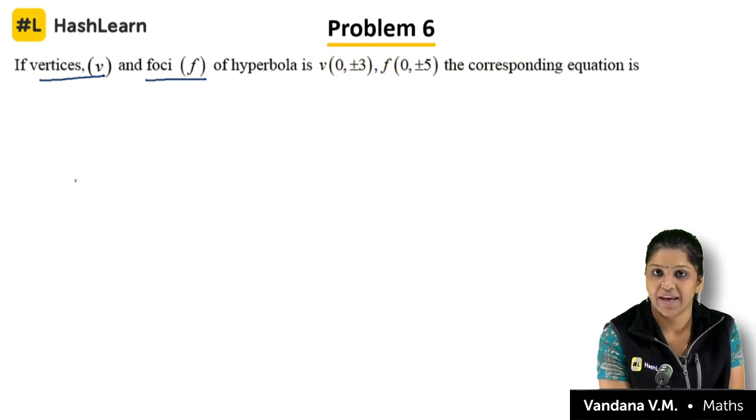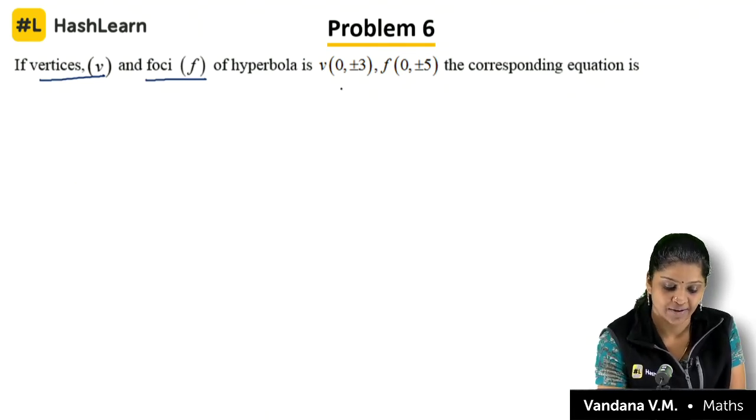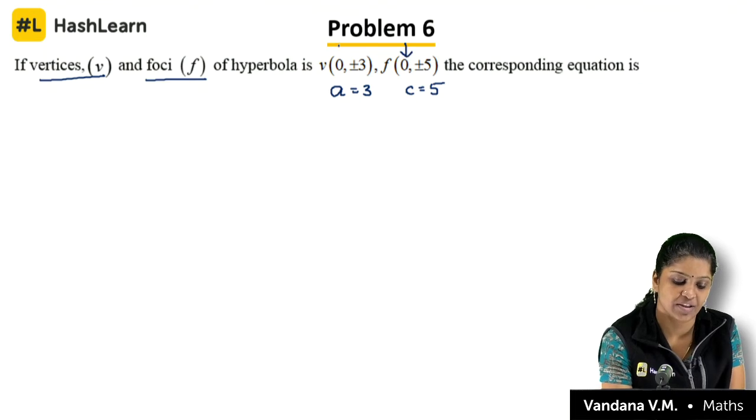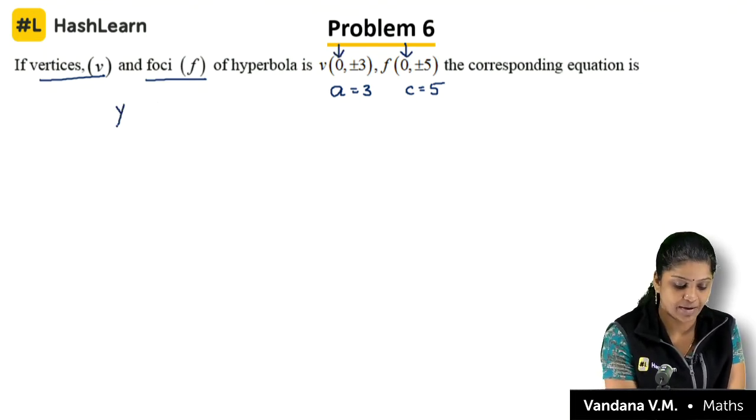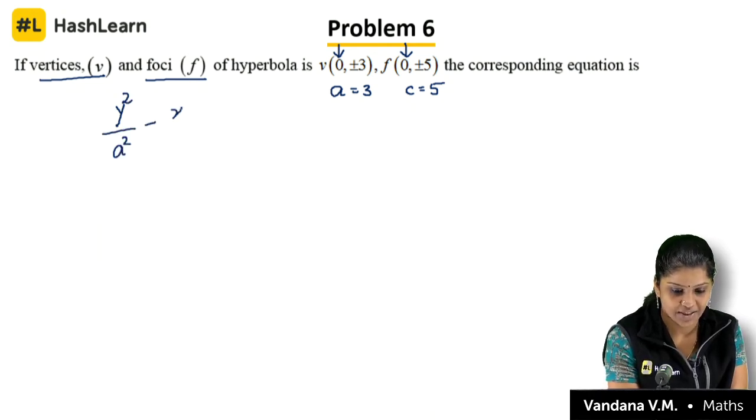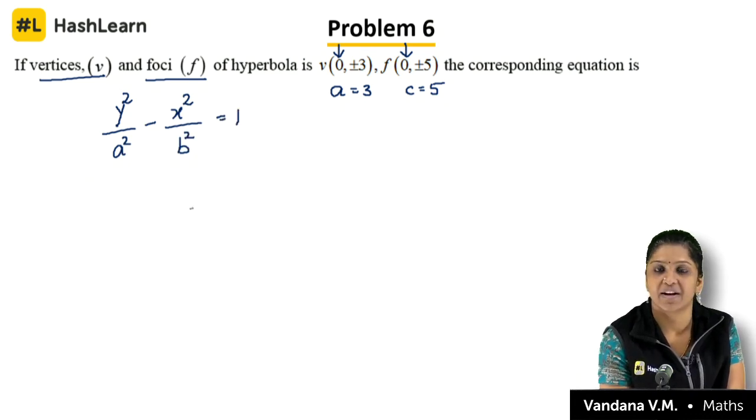So, here also they gave vertex and the foci. So, A value is 3 and C value is 5. Same thing, children, the x coordinate is 0. So, I will write directly the equation: y square by A square minus x square by B square is equal to 1.